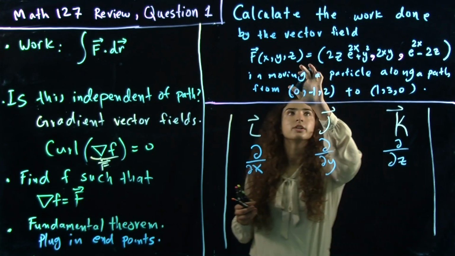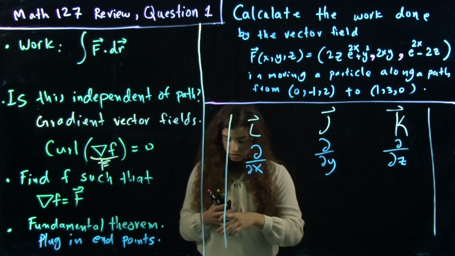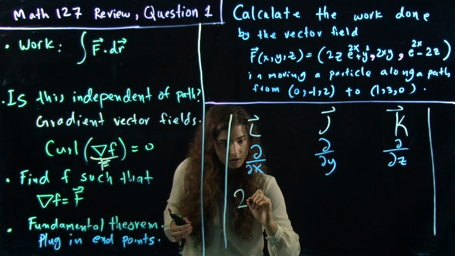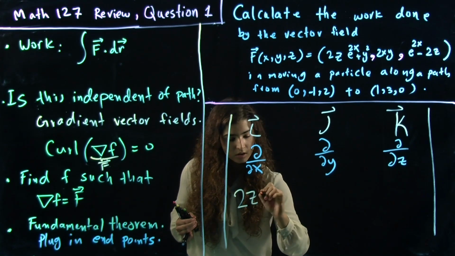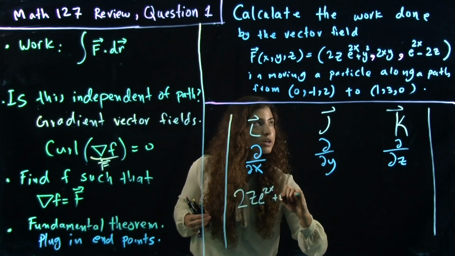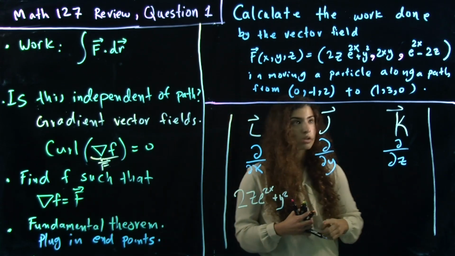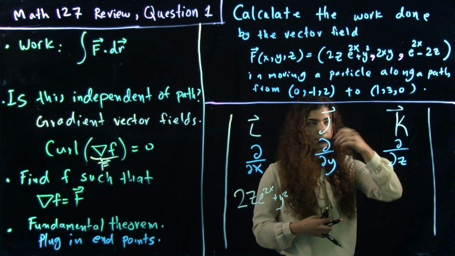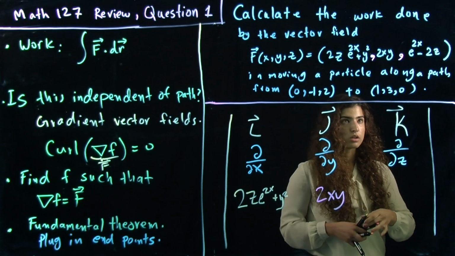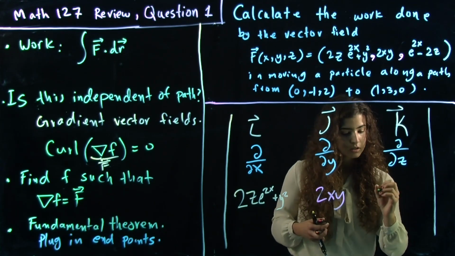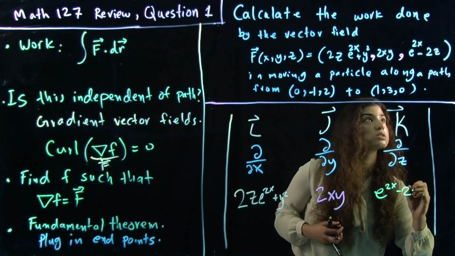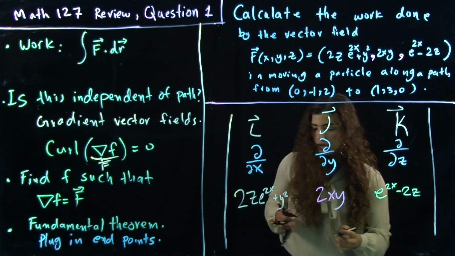And then from there we can just fill in our vector field: 2z e^(2x+y²), 2xy, and e^(2x−2z).